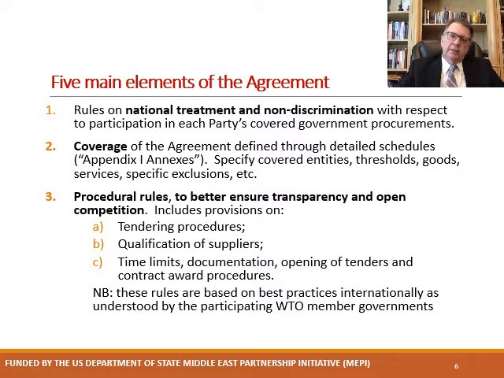They are intended to ensure that each participating country or WTO member, in its own procurement system and legislation, treats the goods, services, and the suppliers of all the GPA's parties with treatment which is no less favorable than the individual parties give to their own goods, services, and suppliers.